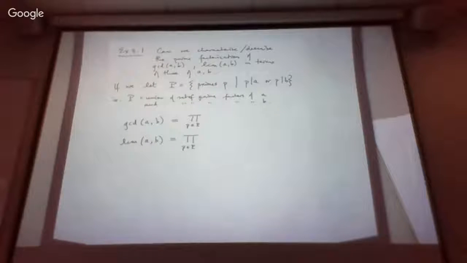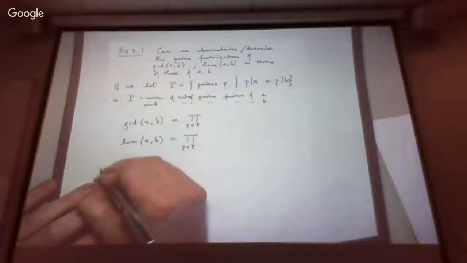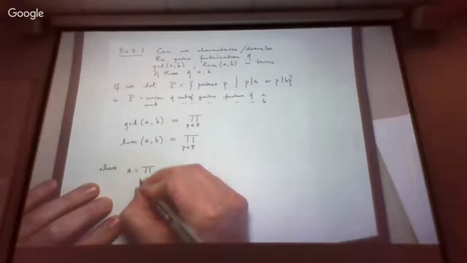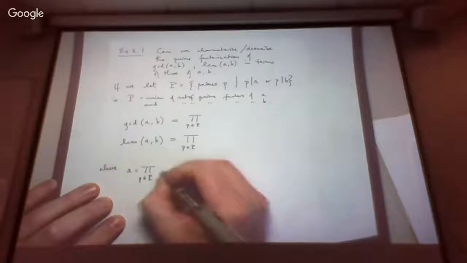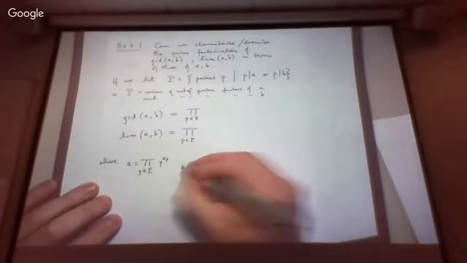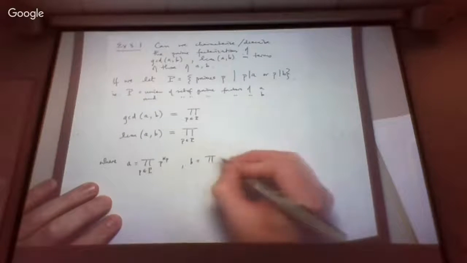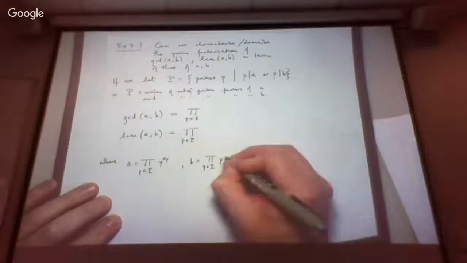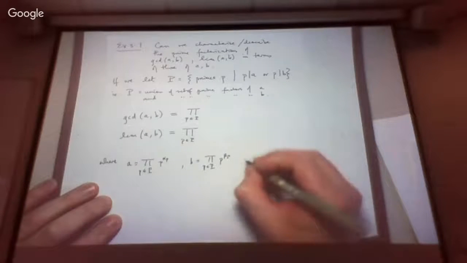Now, we'll slightly adjust the expressions for a and b. So a is the product over p in capital P of p to the alpha sub p, and b is the product over p in capital P of p to the beta sub p.